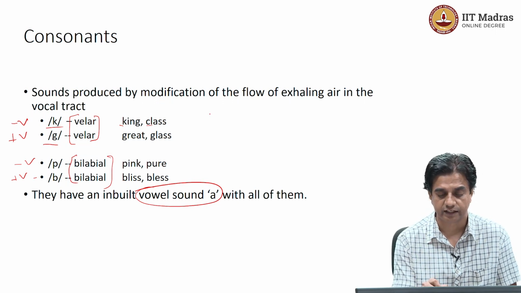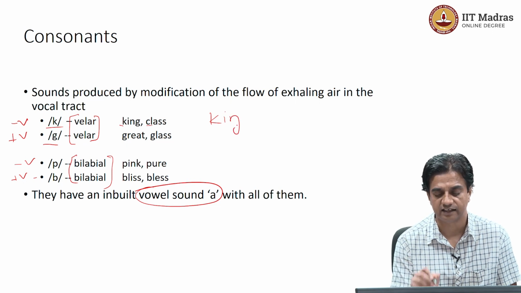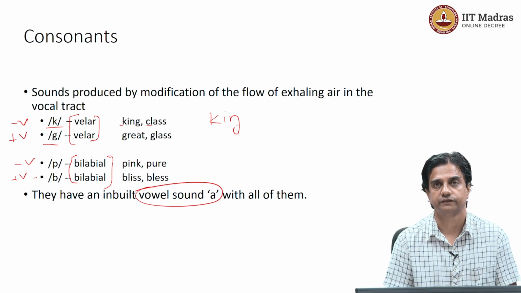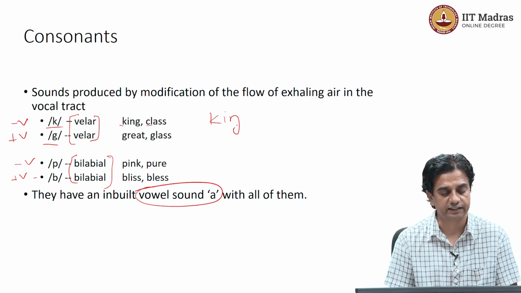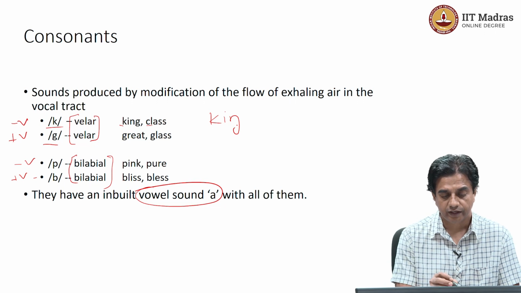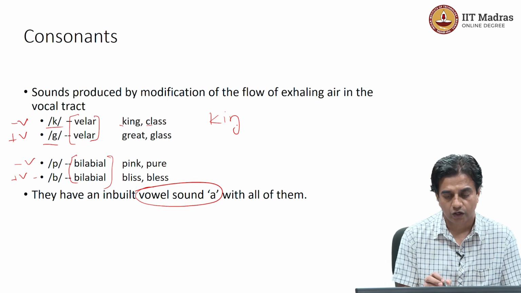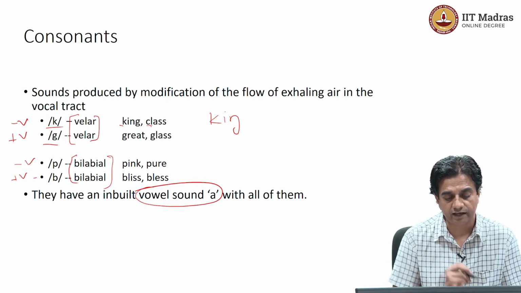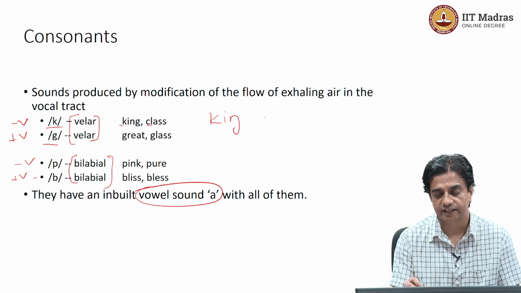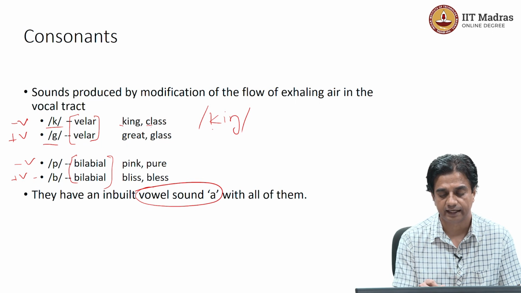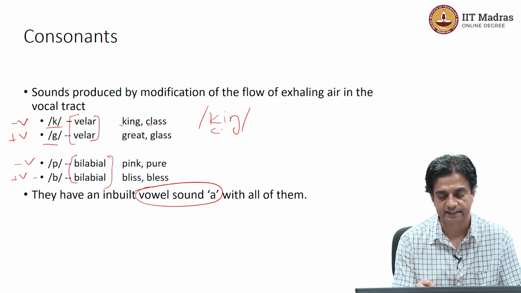You will get to see when you write king. So, you see ka, ki, ng. This is a velar nasal sound. When we write class, we are going to see how we write that, and the sequence here is CVC.